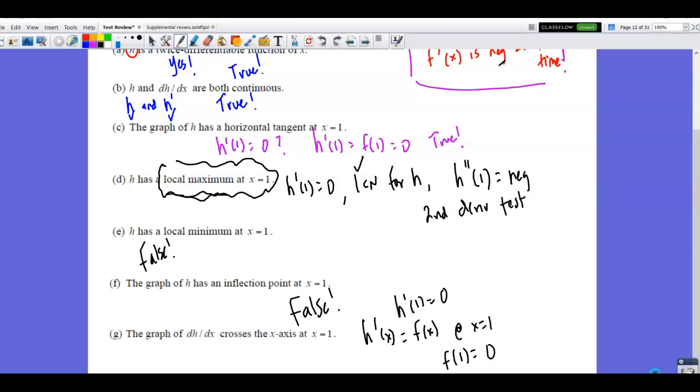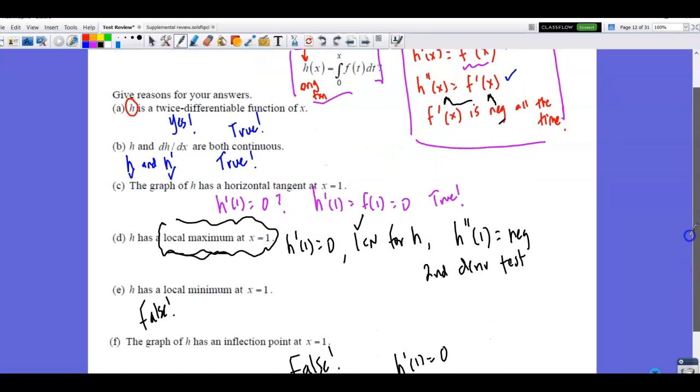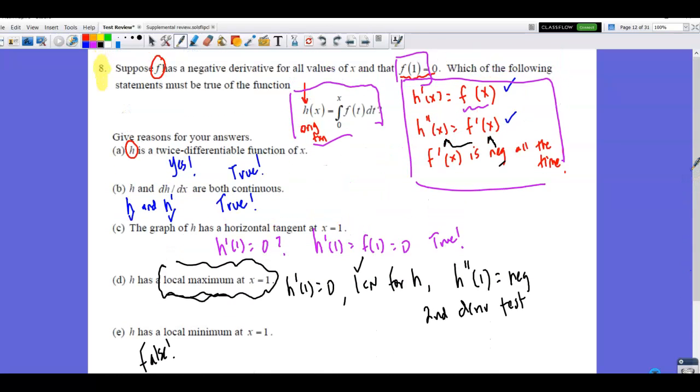So if you think about it, we know that h prime hits the x-axis at x equal to 1. Let's come back up here to our box of knowledge to see what we know. The second derivative of h is negative all the time, which means that h prime decreases.